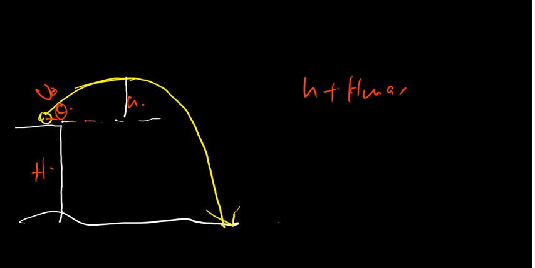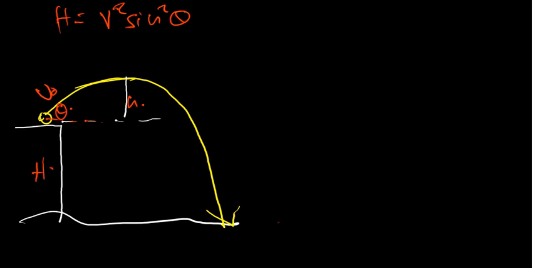Now, how do we find the maximum height? Remember that to find the small h, that is the second trajectory, we found that the formula was h equal to v squared sine squared theta over 2g. When you get the answer here, plus the capital H which you are always going to be given, that will be our maximum height.